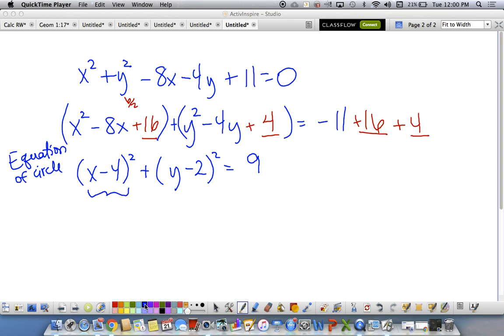What does x equal? Positive 4. So that origin that we knew will move right 4 units. Here, your y value, up 2. So guess where your center of the circle is?